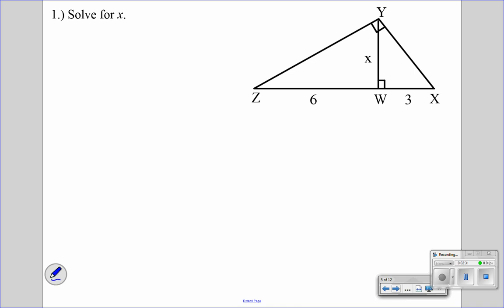So in this triangle, we're going to solve for x. Notice that x is our altitude. And we have 6 and 3, which are 2 segments.